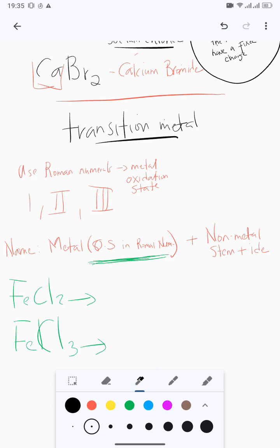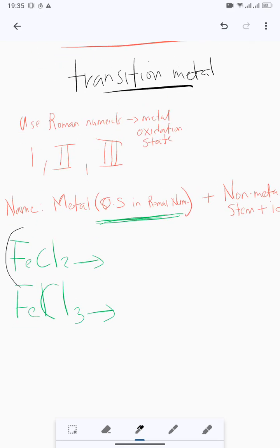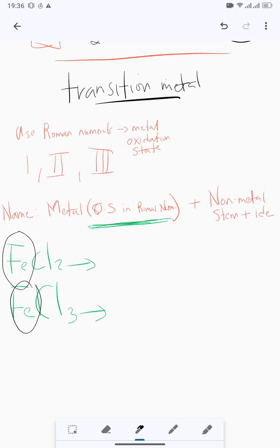The first thing you notice is that this is an ionic compound, but it involves a transition metal. That means I should at least find the oxidation state of the metal, or maybe the charge. It's still the same thing.